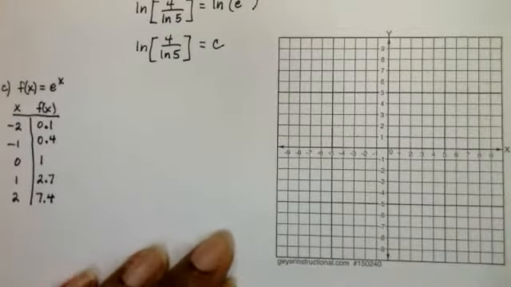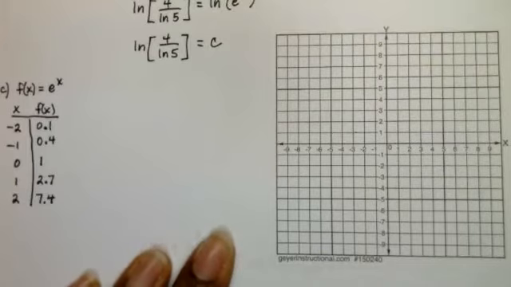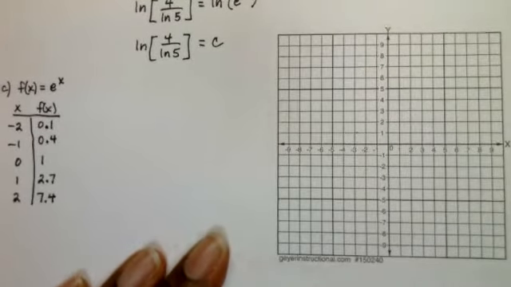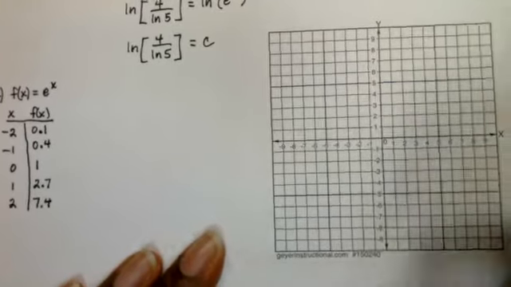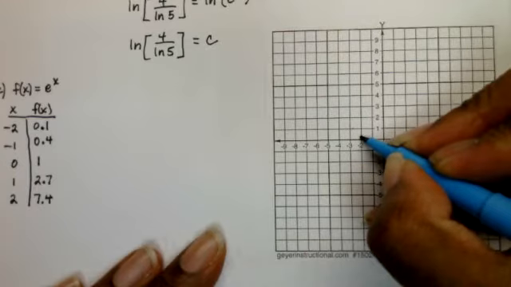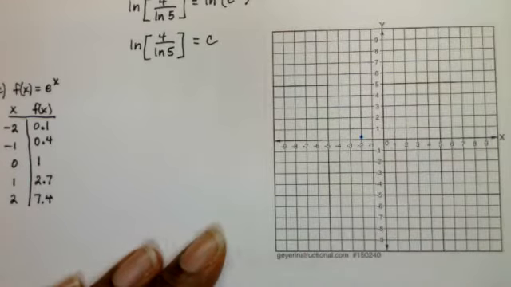Okay, so I'm going to graph this in blue. So in this case here, -2 and then 0.1. That's almost near the x-axis.